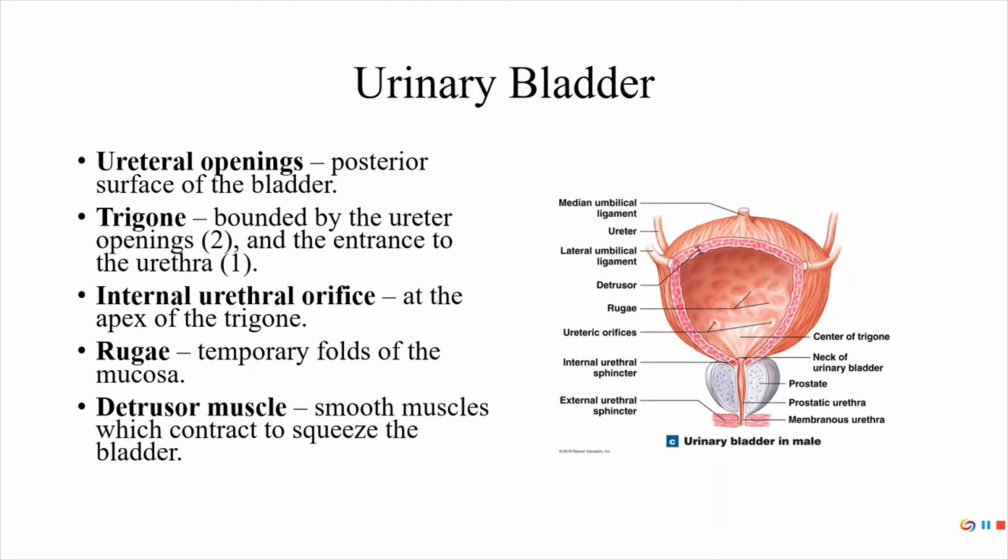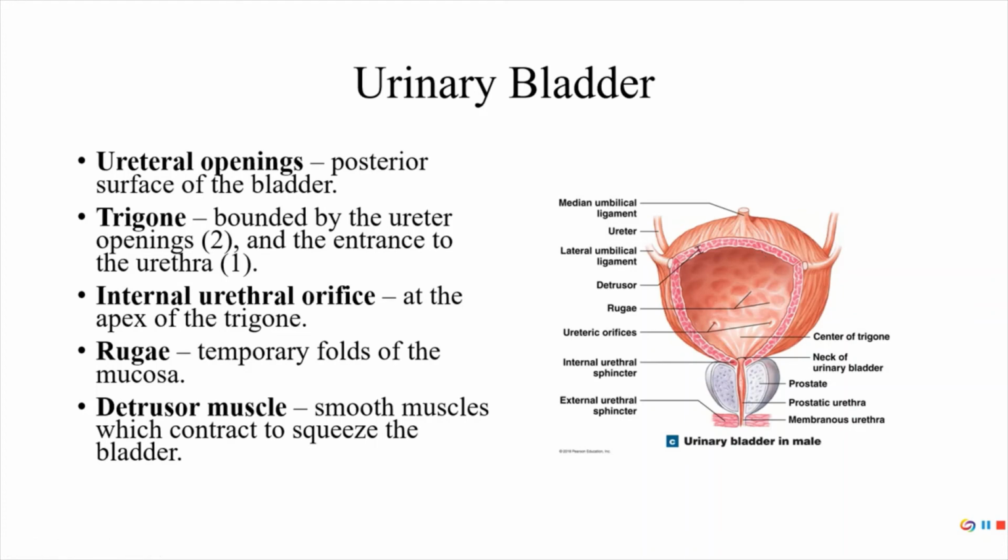Some countries don't do that. Anyway, they told me they had gone in to catheterize a male patient, and they got over 1,000 mils out of his bladder. I don't know how it didn't rupture. But the rugae allows for this expansion. Now, inside, we're going to see the detrusor muscle. These are the muscles that will actually squeeze to help empty the bladder.